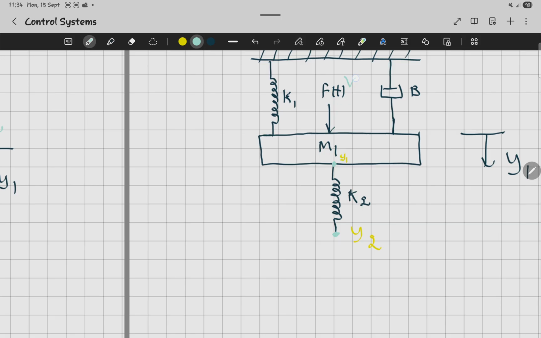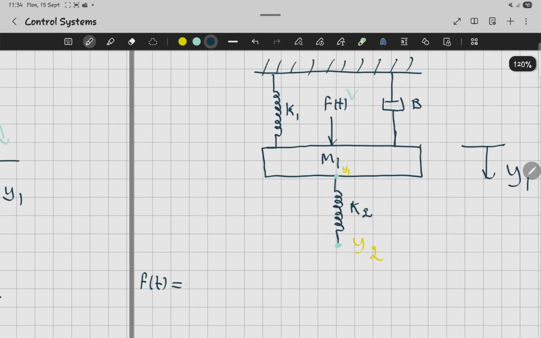And look here, we do have f(t), so it's gonna be f of t equal, we start with the mass, it's gonna be m1 d square. This is how we represent this block. It's gonna be y1 of t.